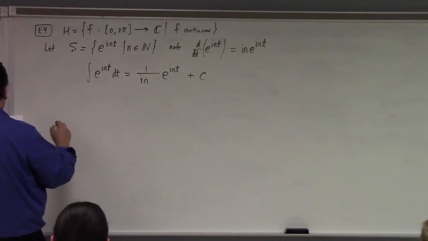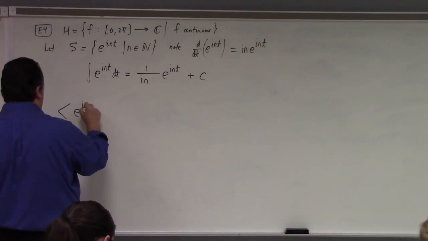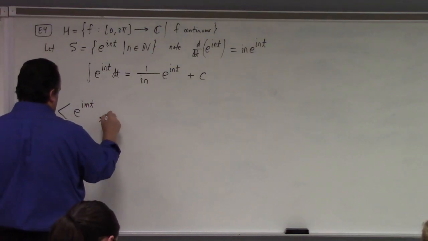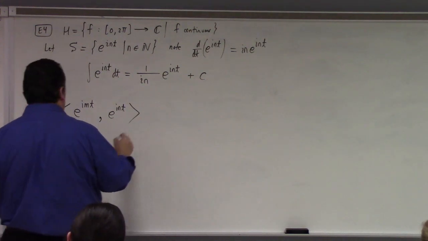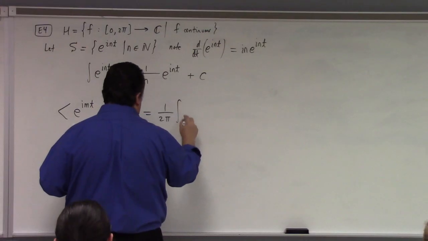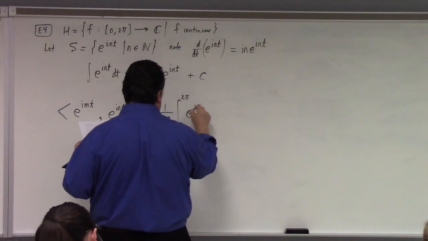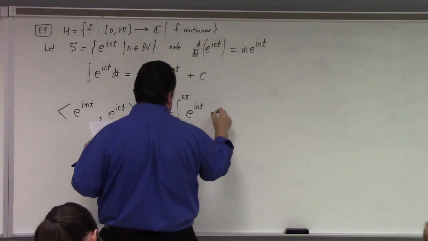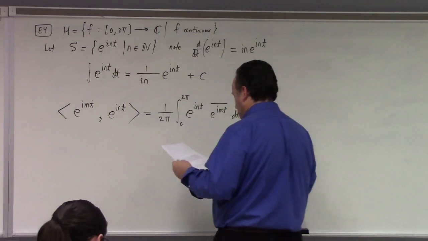And so if we calculate the inner product of e^(imt), m as in mommy, with e^(int), n as in Nenu, our definition for inner product here, I'll remind you, was 1 over 2 pi, and then we integrate from 0 to 2 pi, and we do the first function times the complex conjugate of the second one. All right?